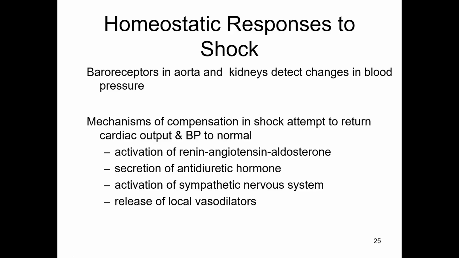The main action, again, in a homeostatic response to shock is the activation of the renin-angiotensin and antidiuretic hormone systems, and then the sympathetic division of our nervous system will be activated, which of course will be releasing epinephrine and norepinephrine, in addition to the action of the nerves themselves.